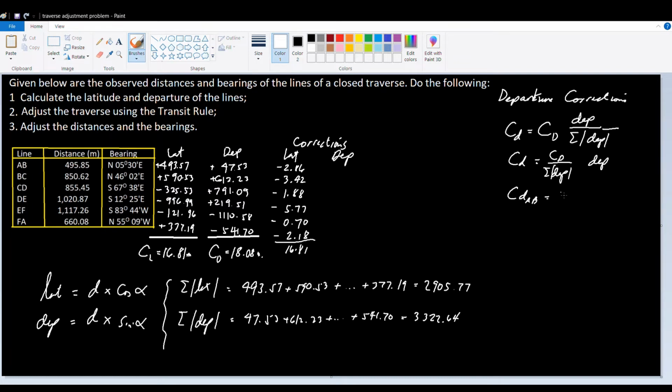We start with line AB. That will be equal to the total misclosure in departure, which is 18.08. It's this one, divided by the total departure, which is 3322.64 multiplied by the departure of the line, which is 47.53.